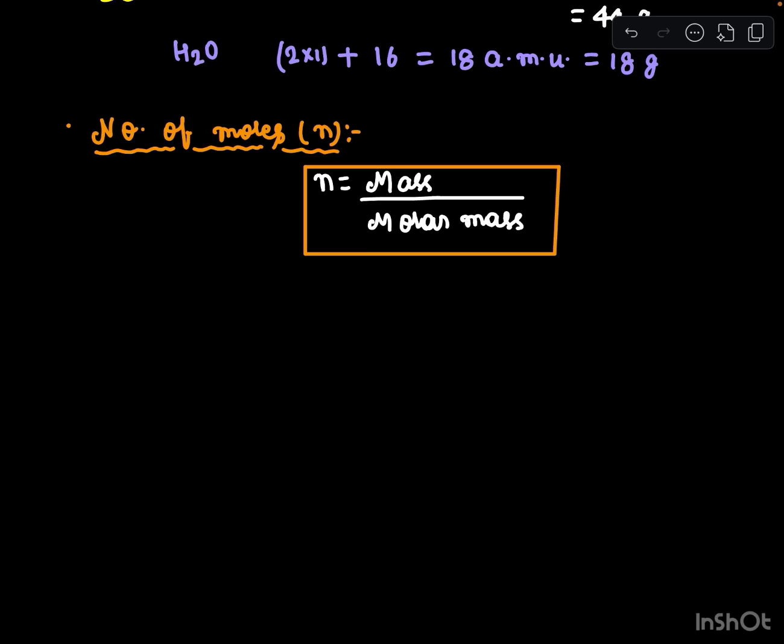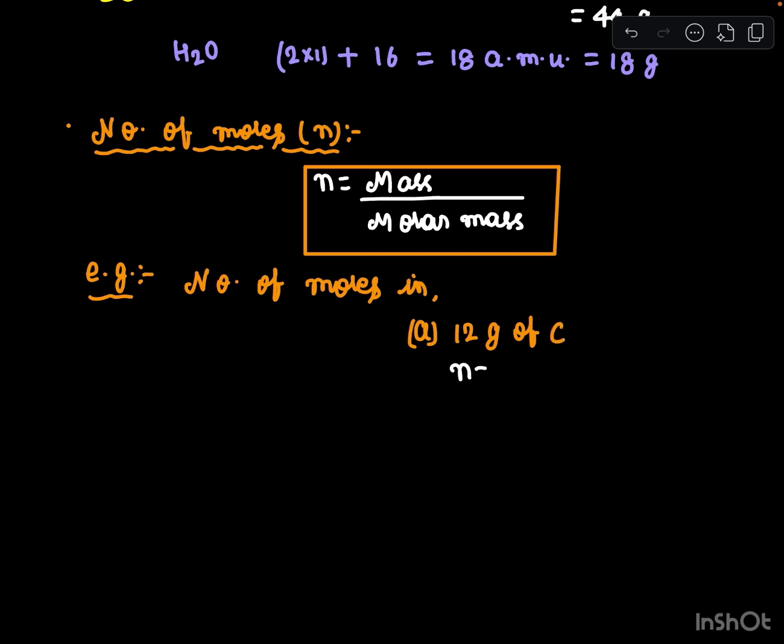Just a simple example. For example, if we have to calculate the number of moles in 12 gram of carbon, the number of moles will be mass, which is 12 gram, divided by molar mass or atomic mass, whatever you are calculating. 12 gram divided by the atomic mass of carbon, 12.